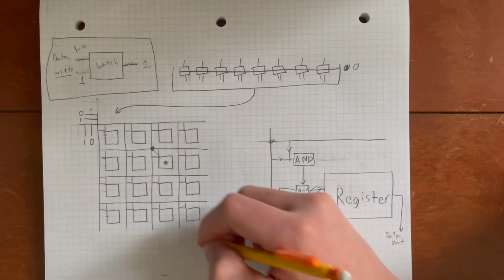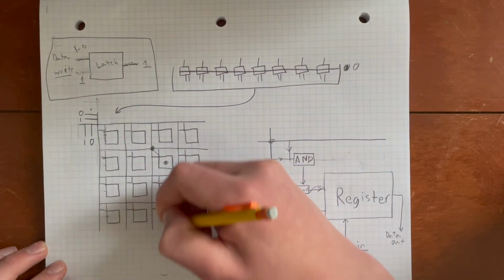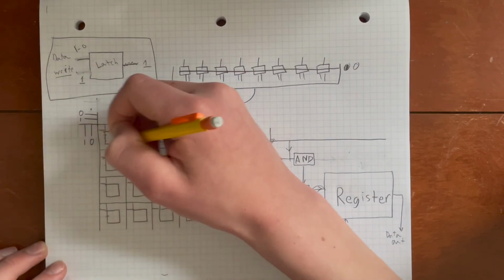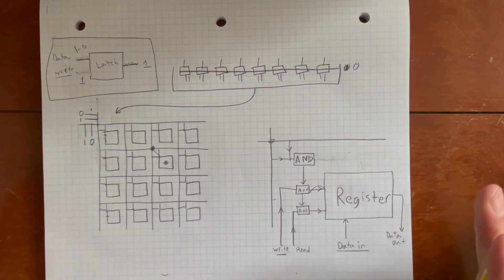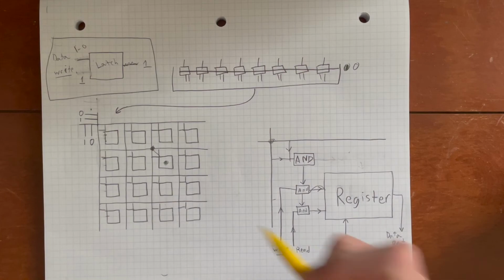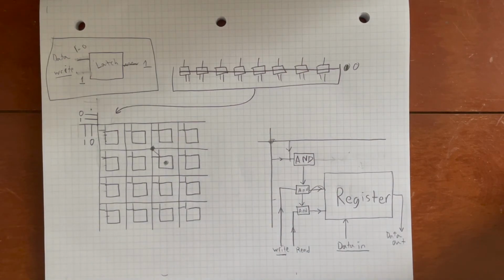So this way we can have a network of wires going to every register in the grid, and we won't have to address each of them specifically. We can just turn on the whole network or turn off the whole network, and none of the registers, except for the one we specify, will actually do any work.